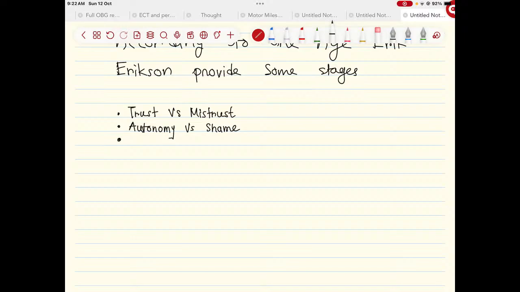The third stage is initiative versus guilt. The fourth stage is called industry versus inferiority.